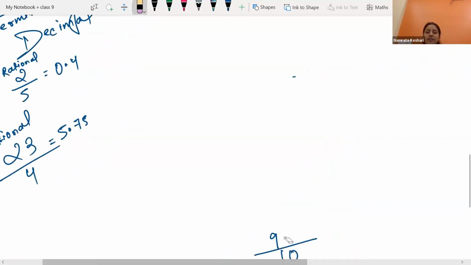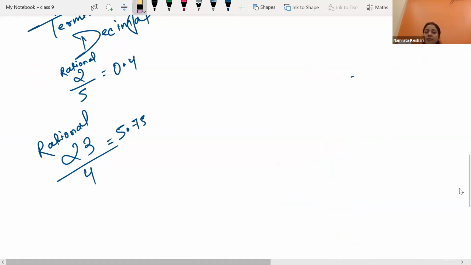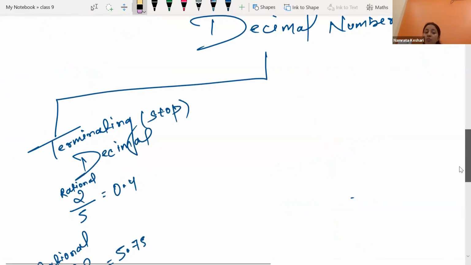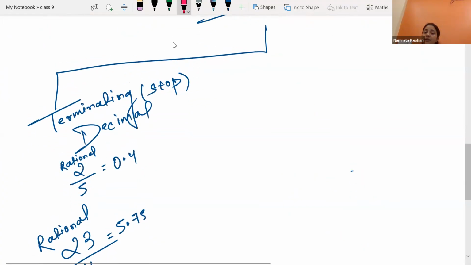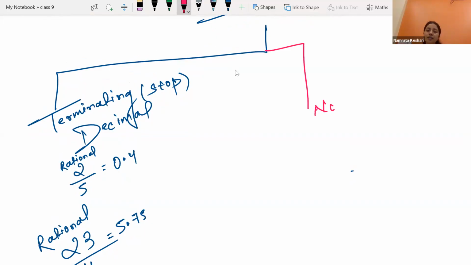So let me write it. Decimal numbers are of two types. One is terminating decimal, which we are getting from rational number. You can see the example. We are getting this terminating decimal number from where? From the fraction. Which type of fraction? It's rational. Once we are saying fraction means rational, right? Another is non-terminating decimal number where our decimal will not stop.